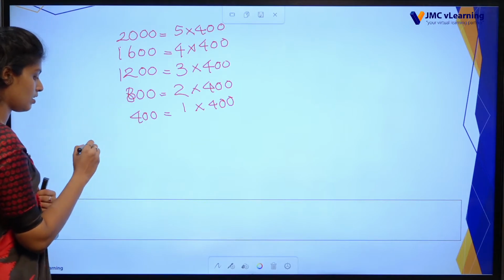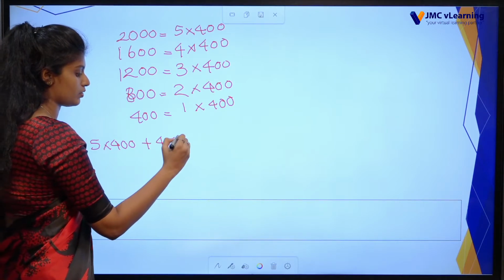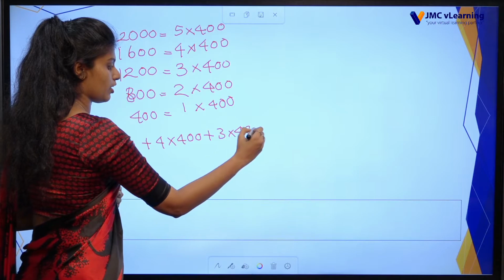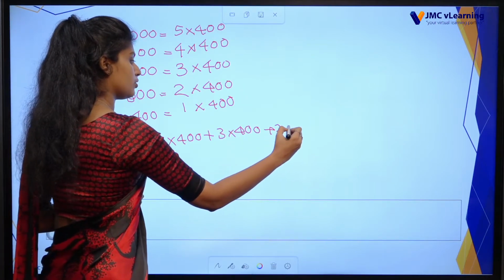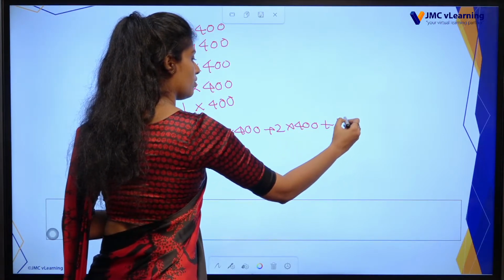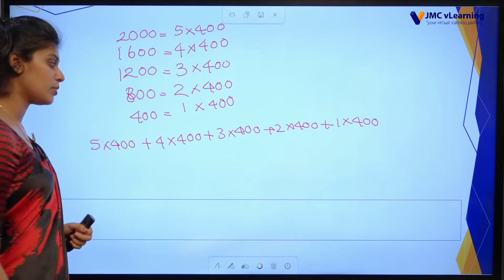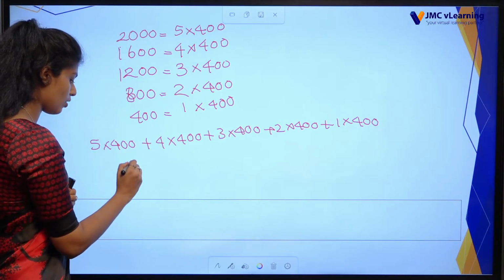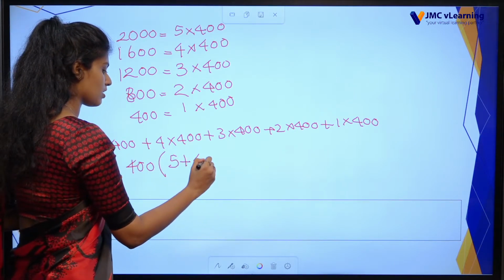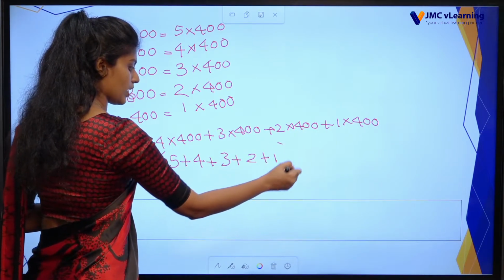Let's add them. 5 into 400, add 4 into 400, add 3 into 400, add 2 into 400, add 1 into 400. Here 400 is common to all, so you can take out 400 and we can write 5 plus 4 plus 3 plus 2 plus 1.